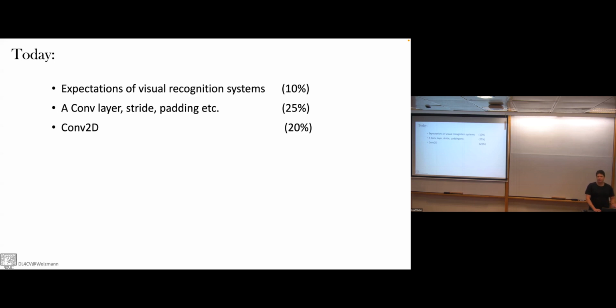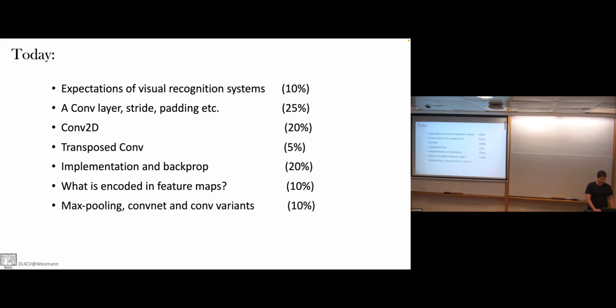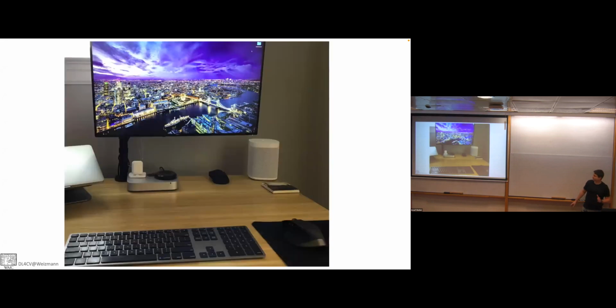This is an important step: images are two-dimensional, and we work with them. Then we'll talk about how it's being implemented and how it's being trained. How do you do backpropagation through this? And we'll have some intuitions about what is encoded in these things we call feature maps, and some other elements that you usually see when you deal with neural networks.